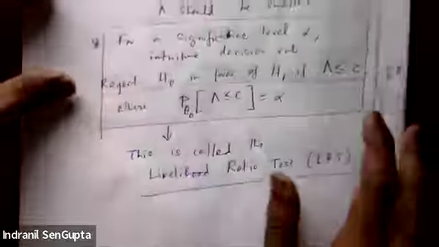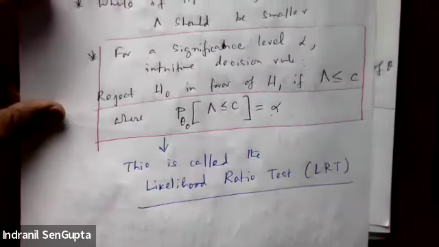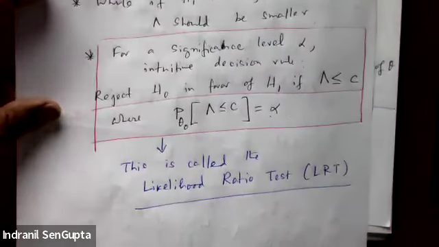If this is smaller than a particular number, then we reject H0 in favor of H1.